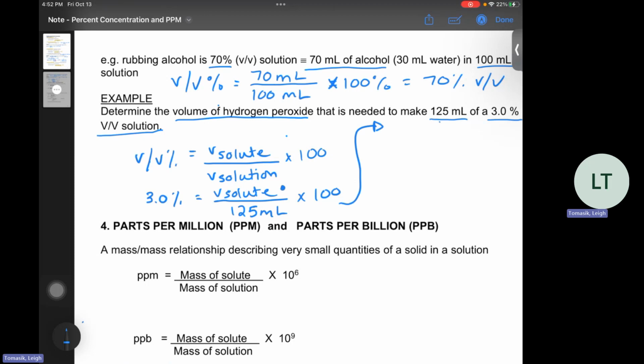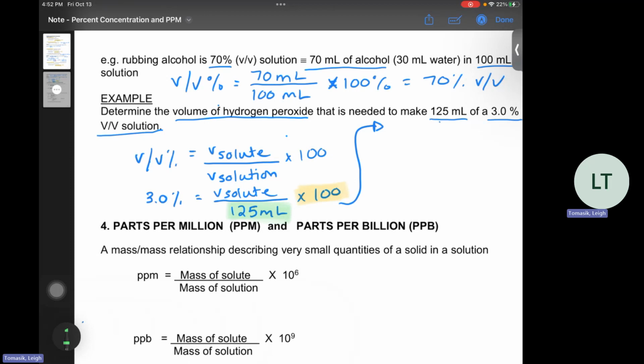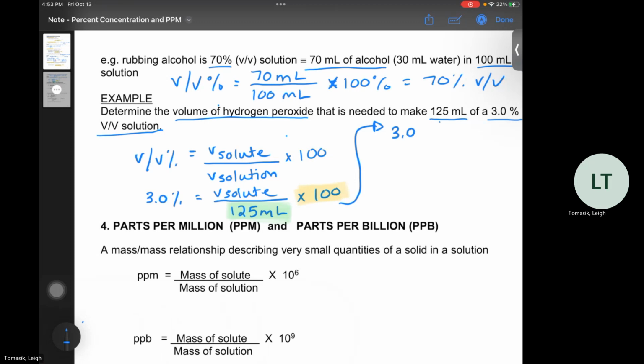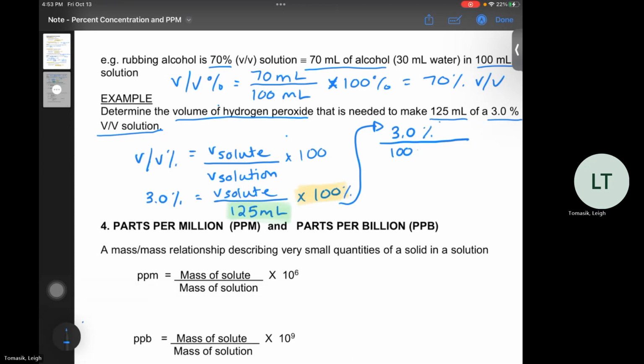Okay, so what we're solving for is on the top of the fraction, which is good. It's in the numerator. That's where it needs to be. But we need to move this. This guy is multiplication. And this guy is division. So if we move them to the other side of the equation, they end up doing the opposite operation. So 100 is times. So when we move it to the other side of the equation, it goes on the bottom.